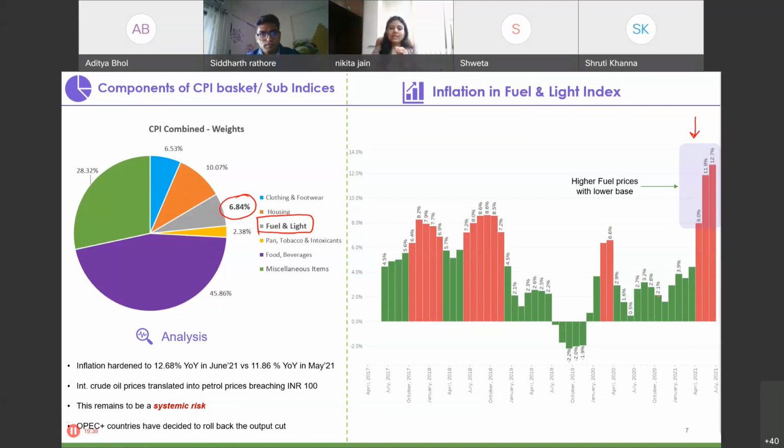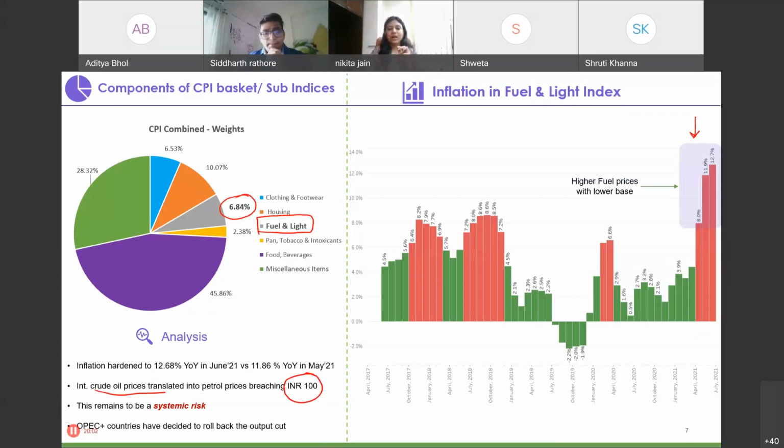Now, the reason behind this hike was majorly the rising crude oil prices, which breached the $75 per barrel mark, translating into the prices of petrol and diesel being around 100 rupees. So this has increased the overall CPI inflation.